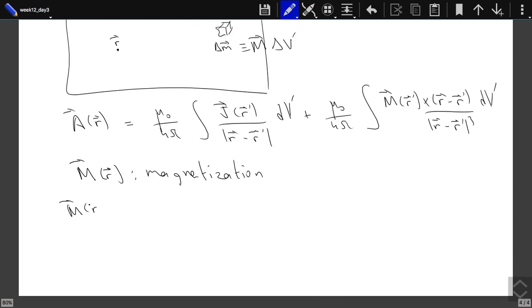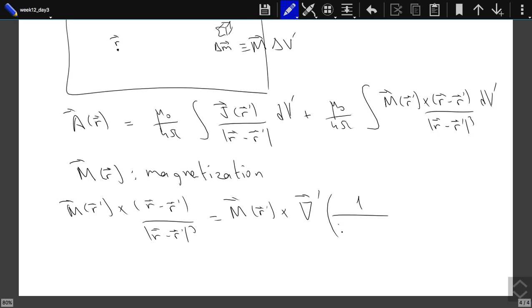Now let's start with this vector product. But this is nothing but r prime cross the gradient prime, the gradient is with respect to the coordinates of r prime, of 1 over r minus r prime.